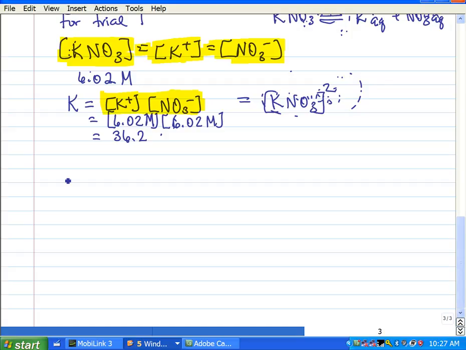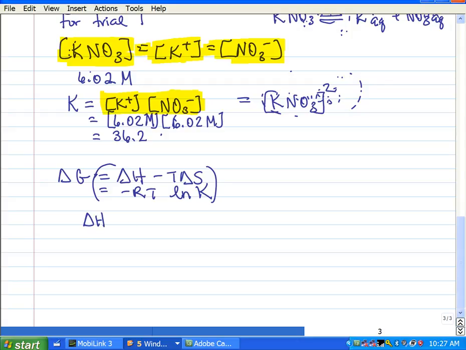Negative RT natural log of K is equal to delta H minus T delta S. Because they both equal delta G, we can set them equal to each other.